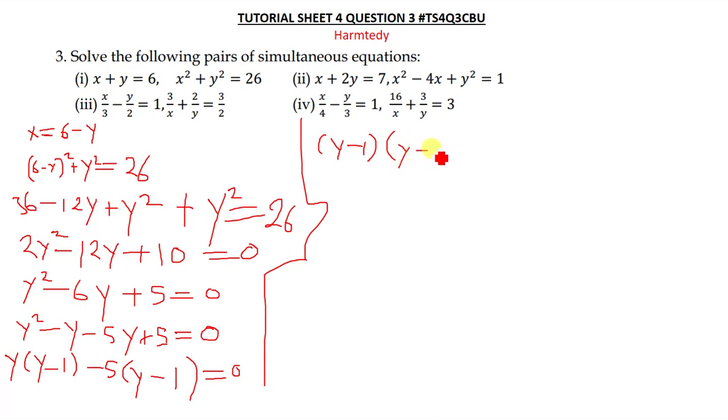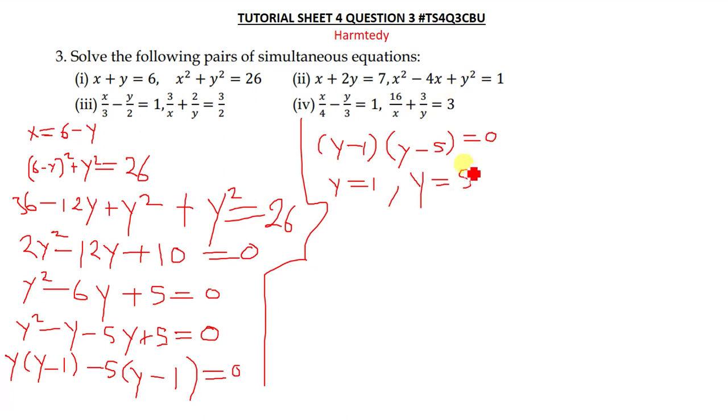After factorizing it completely, you equate all the independent factors to 0. You equate y minus 1 to 0, then you make y the subject of the formula, you get your value of y to be 1. You equate y minus 5 to 0, you make y the subject, you get y is equal to 5.